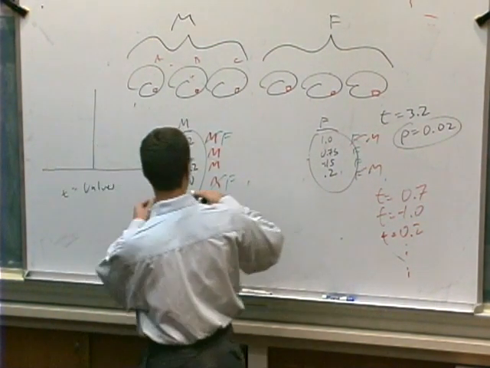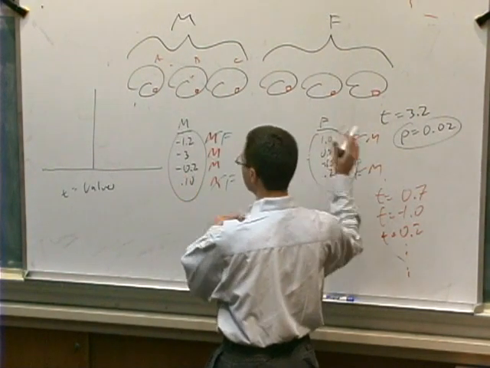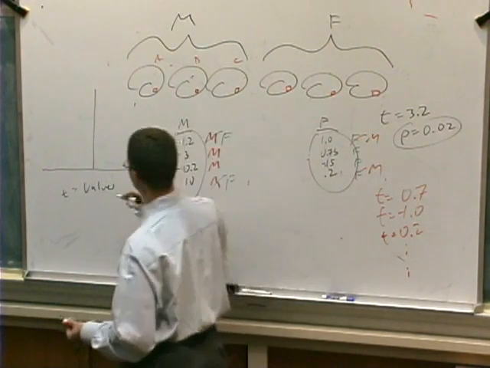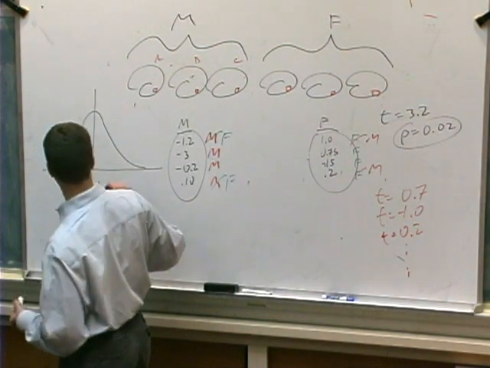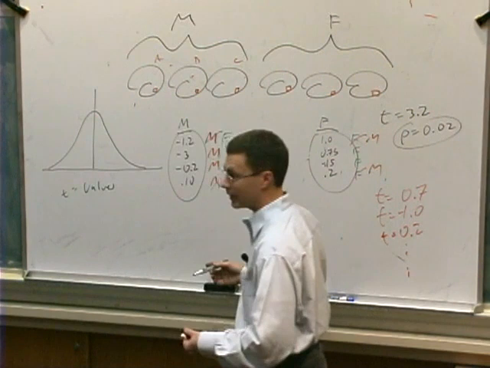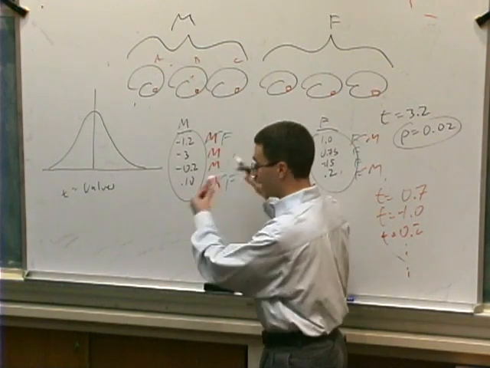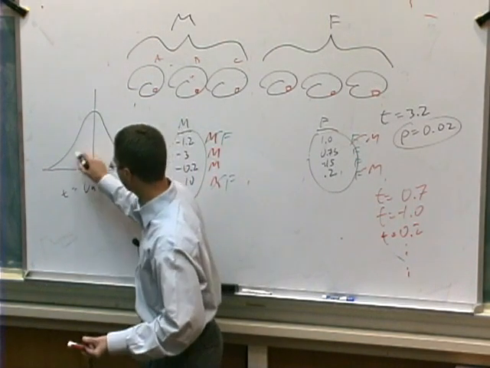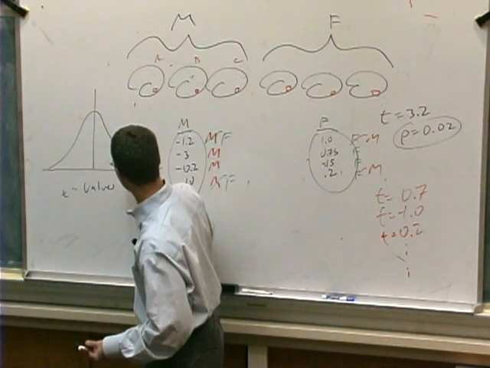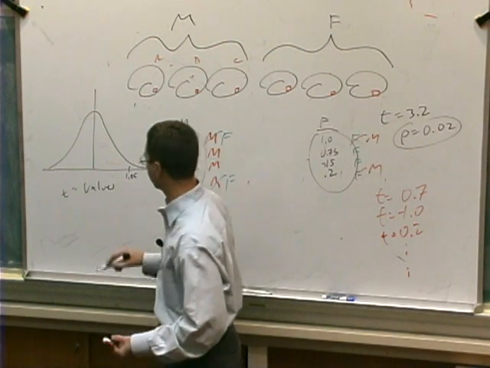So after doing all this different randomization and permuting the labels that are assigned to particular values, I might come up with something that looks like this. Okay, a distribution of t-values where, if I randomize these labels, most of the t-values I get are going to be pretty close to 0, and just by chance there are going to be some larger values, maybe coming out here to about 1.65 as a relatively big value.